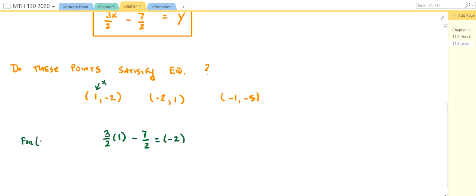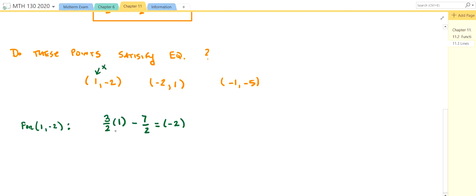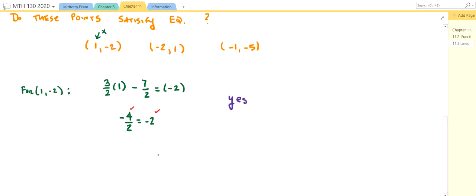So for 1, minus 2, I've got 3 halves minus 7 halves. It's going to be minus 4 halves, which equals minus 2. And that's correct. Minus 4 halves does equal minus 2. So we could say yes, it does. Okay, let's check out the next one.